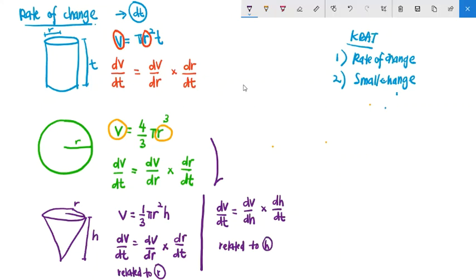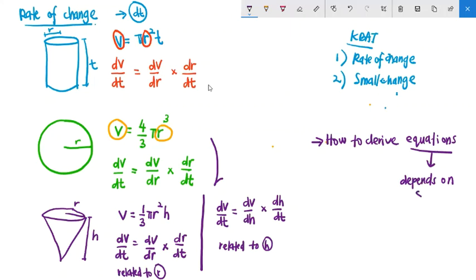Okay, so clear on rate of change. Okay, one thing yang kena tahu, very very important dalam topik ni is how to derive equation. Okay, equation sih depends on shape, depends on dia punya shape.